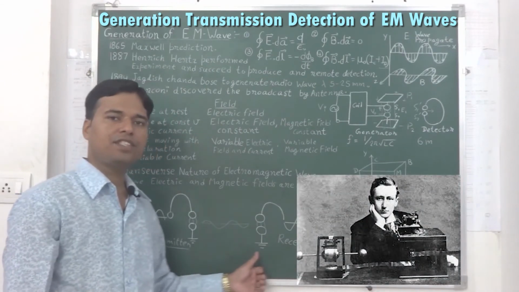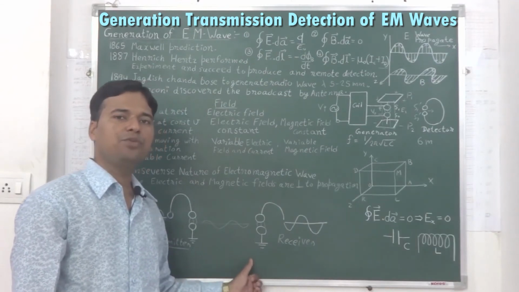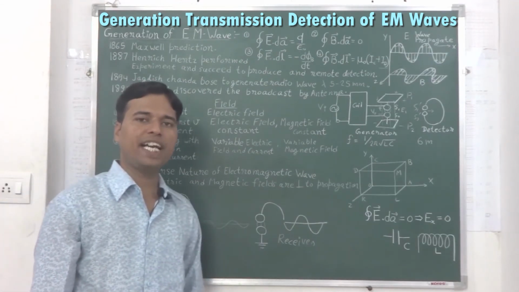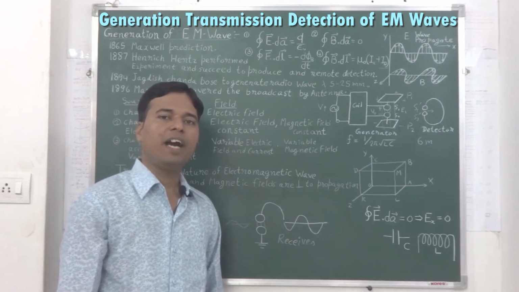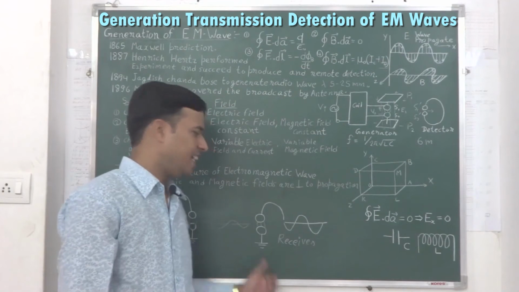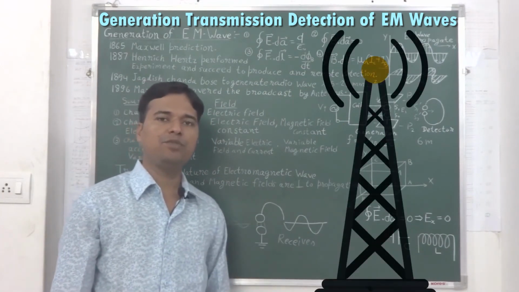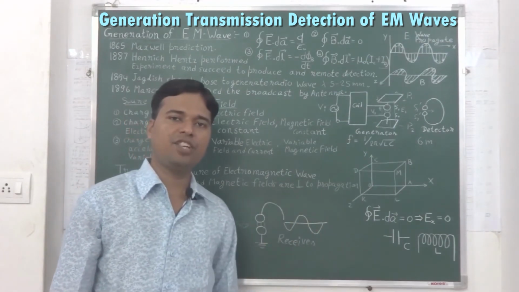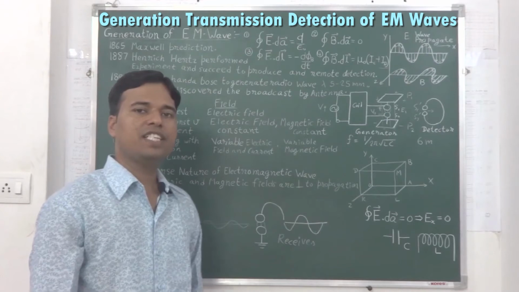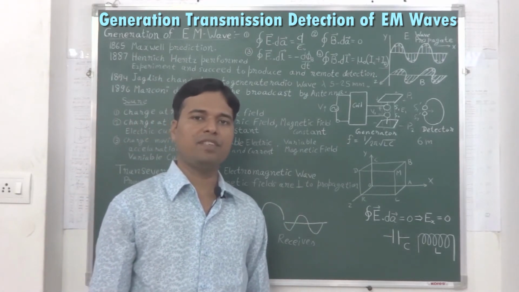Marconi was the scientist who gave us the idea of how to transmit and propagate electromagnetic waves generated by an experimental setup, and we can transmit this electromagnetic wave using an antenna. This is the complete scenario without which modern science and technology could not have been established.